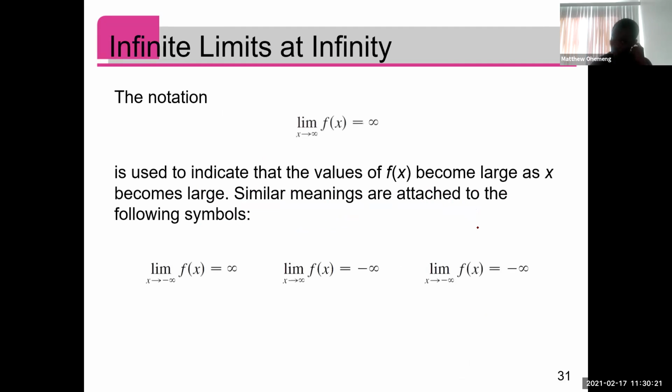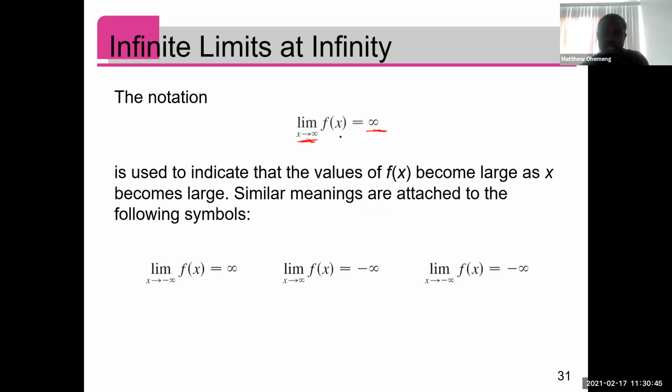For this one, you have 4 structures. You can be taking the limit as x approaches infinity, so that makes it a limit at infinity, and then you are getting an infinite number, like negative infinity or positive infinity. So you're taking a limit at infinity and it's giving you infinity or negative infinity. That's what we call an infinite limit at infinity, a combination of those two.